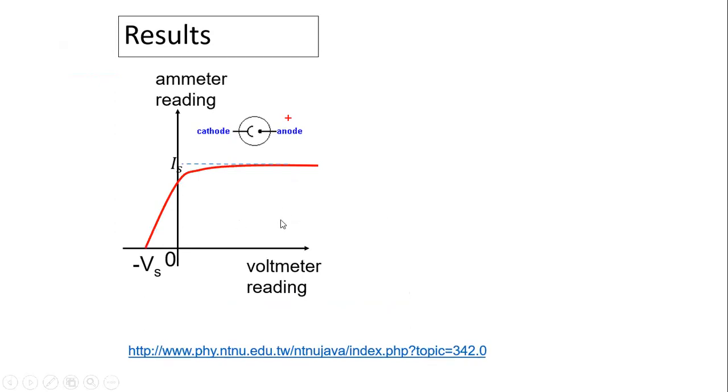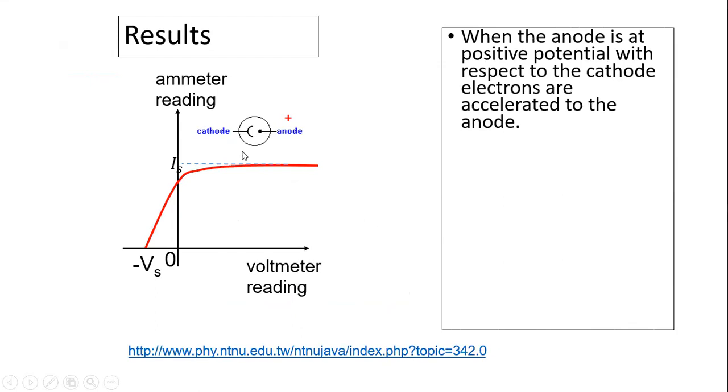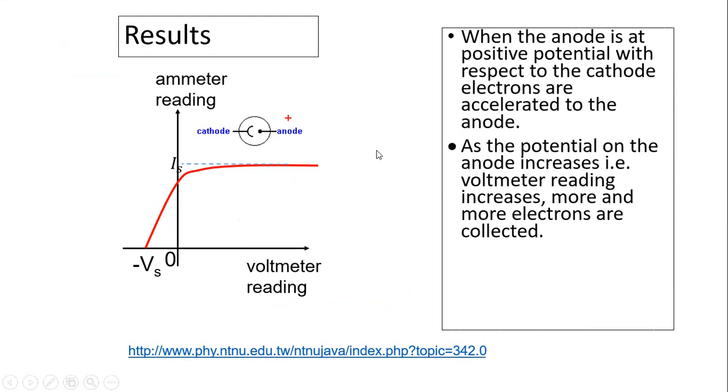Okay, that's the curve that we get. When the anode is at positive potential with respect to the cathode at negative potential, electrons are accelerated to the anode. Basically, you are collecting the electrons. As the potential on the anode increases, if we look at the graph, this is zero potential.